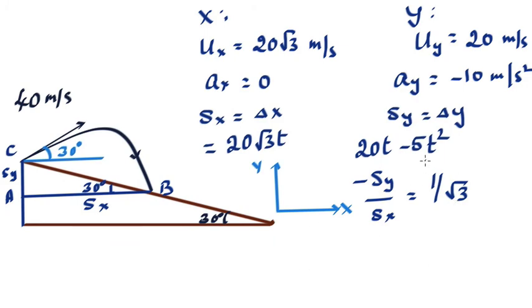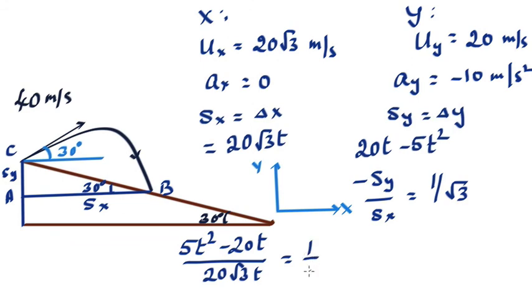So let's substitute. Minus of Sy is 5t squared minus 20t, divided by Sx, which is 20 root 3 t, is going to be equal to 1 by root 3. Cross multiply and solve for t. We get t is equal to 8 seconds. Now we can substitute back into Sy and Sx.